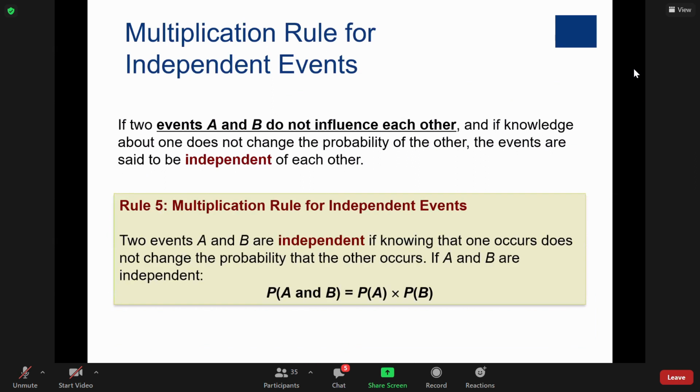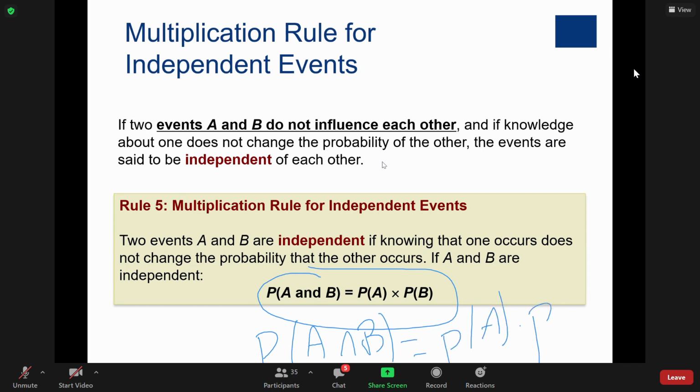Here is another rule related to multiplication for independent events. What is the meaning of independent events? Regarding the meaning, it means no interference between A and B. But in terms of probability, what should I do? I have to verify this equality: the probability of A intersection B is equal to the probability of A times the probability of B. Then these events are independent.